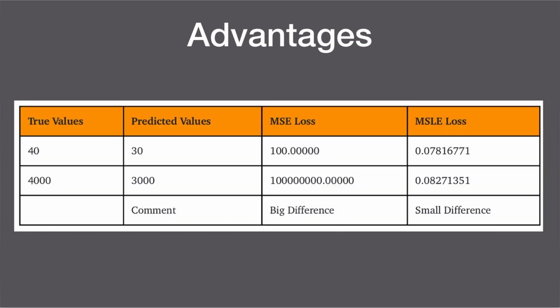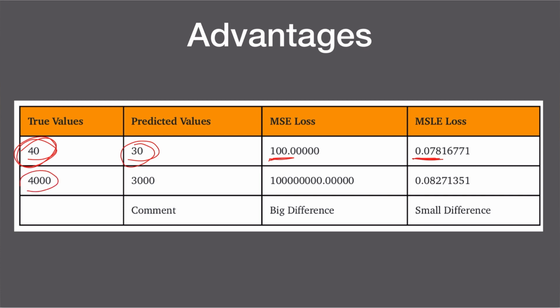You can see this here, right? The actual value is 40 and the predicted value is 30. With MSE loss, the difference is 10, and if you square it, it becomes 100. But the logarithmic loss is actually 0.07.